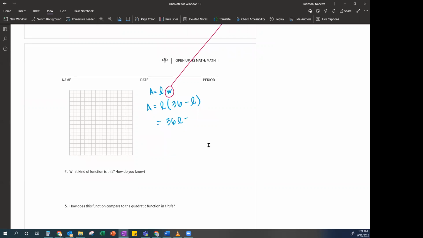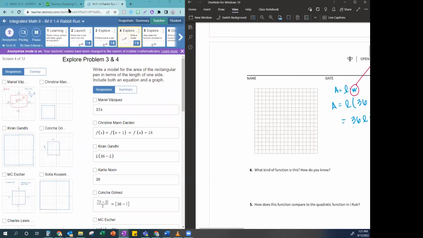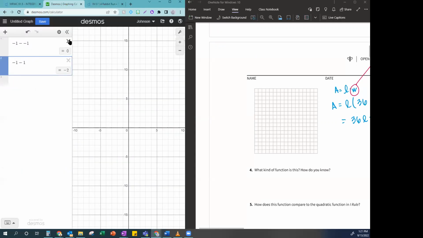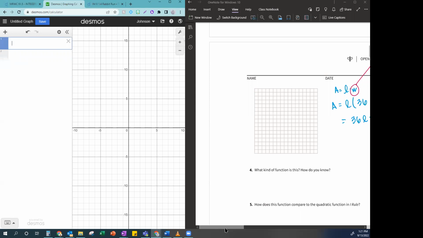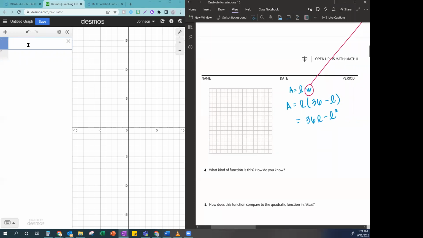Now, the moment that I wrote L squared, your brain should be like, oh my gosh, I know the shape of this thing. Miss Johnson has been talking about the shape of this thing. Okay, so let's talk about the shape of this thing. So we go to Desmos, clear this out from earlier. And I'm going to graph this formula right here, which is 36L minus L squared.